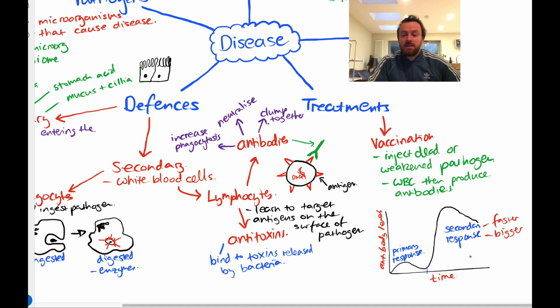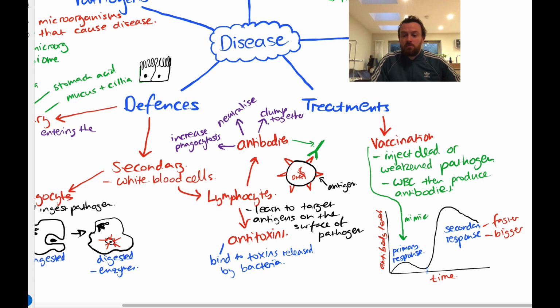So this is why you often don't get the same viral disease twice. You wouldn't get chickenpox, generally speaking, twice. Just once is enough and then you're immune. But we can use this, and instead of letting people get sick a first time, we can vaccinate. So vaccination basically mimics the primary response. I'm going to draw a little line down from vaccination to there, and I'll just write mimic.